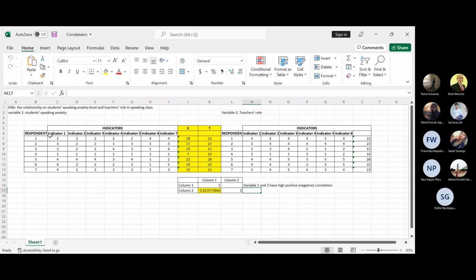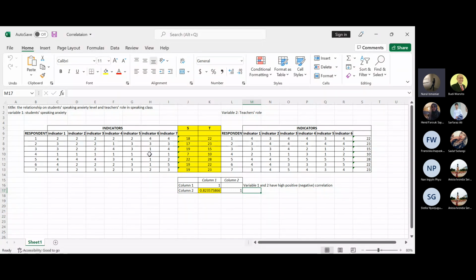For variable two, teacher roles, I have 6 indicators. For the first variable, the total for the first respondent is 18, and the second is 17.